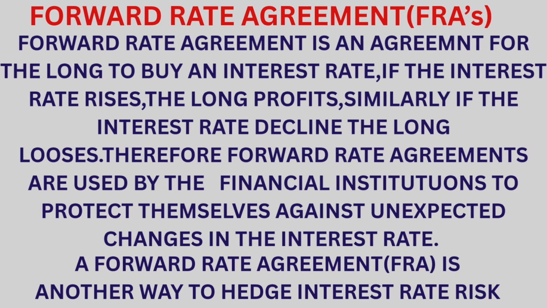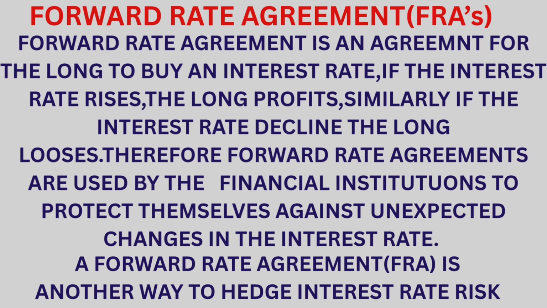So to protect from the unexpected changes in the interest rate risk, the two parties will come into forward rate agreement, and here the long position will be held by the borrower and the short position will be held by the seller.